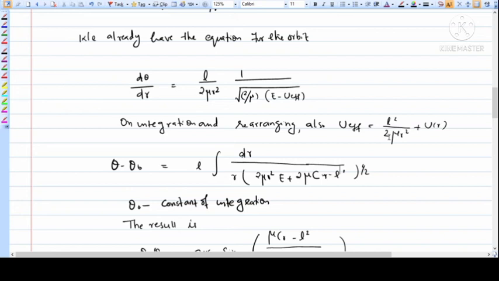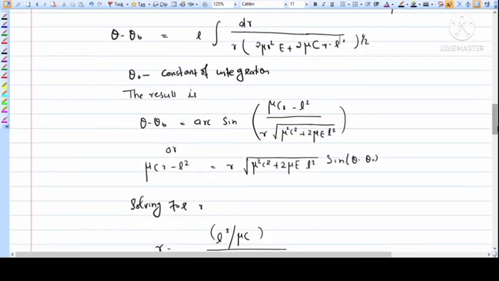Integrating and rearranging, we substitute the value for u effective, and u effective is equal to L square by 2 mu r square plus u of r. Substitute all this and integrate. Put d theta on this side and dr on the other side.